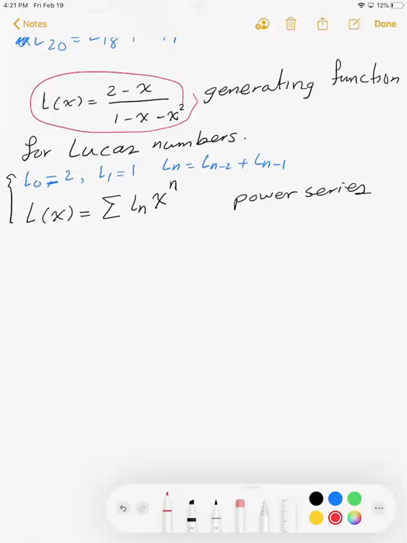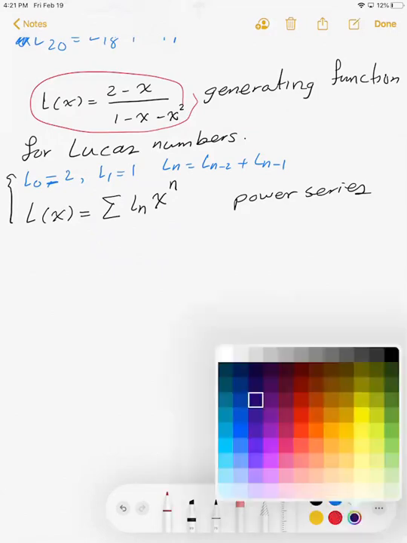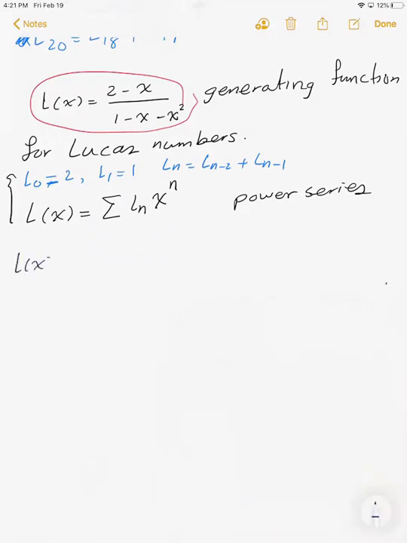So first, I'm going to expand L of x. I'm going to write it as the sum starting from 0. So I write the 0 term, when n is 0, L0 x to the power 0, plus when n is equal to 1, the next term, which is L1 x to the power 1, plus the rest of them, for n equal to 2 and so on, and leave it like that.